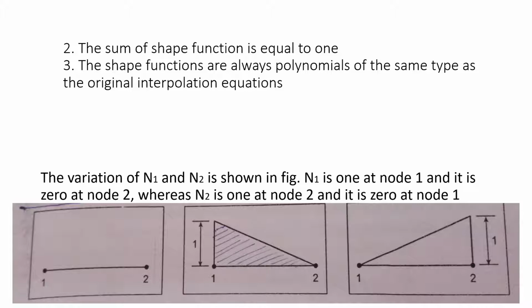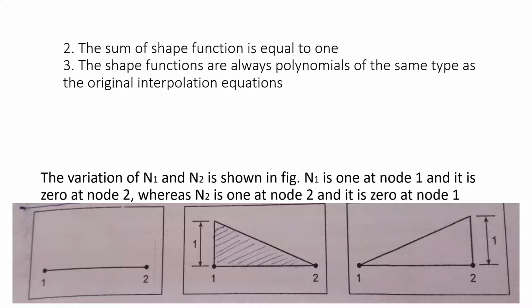Then the value of N1 will be 1 at node number 1 and 0 at node number 2. Correspondingly, the value of N2 will be 1 at node number 2 and 0 at node number 1. The variation of N1 is shown in picture 2 and variation of N2 is shown in picture 3.